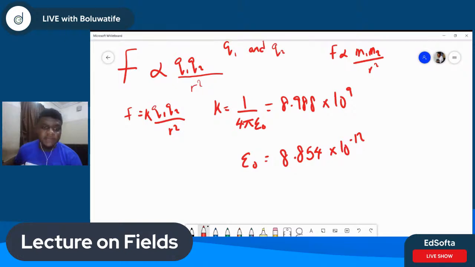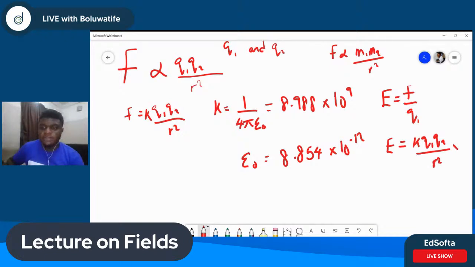The formula for electric field intensity is the force per unit charge. Remember, the force is KQ1Q2 all over R squared.